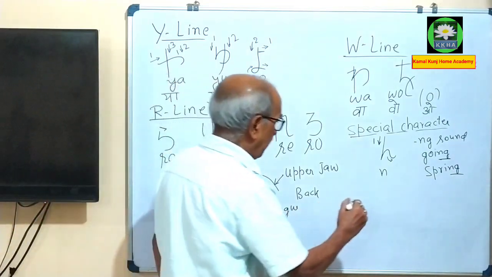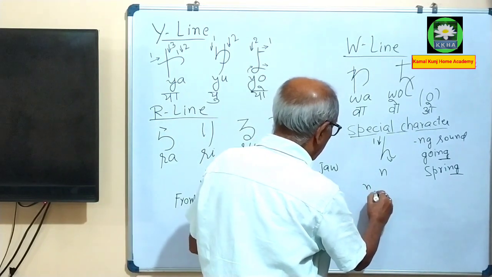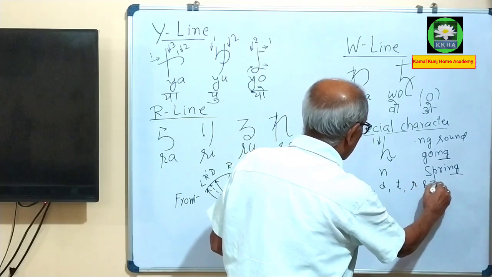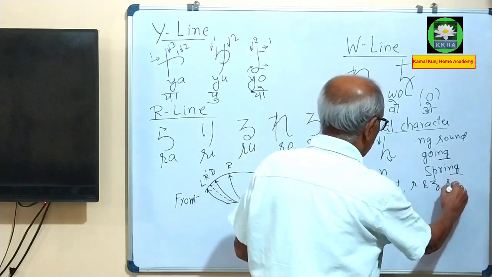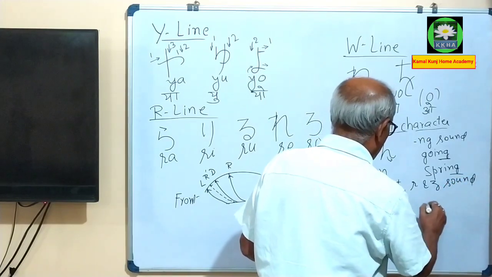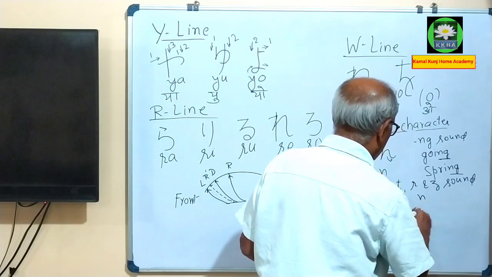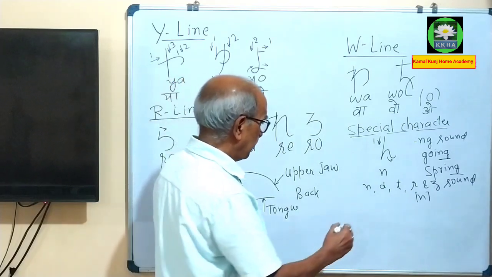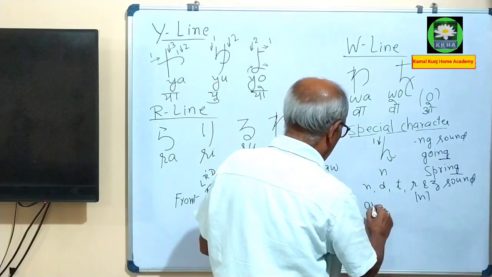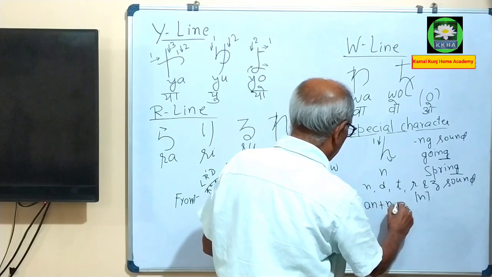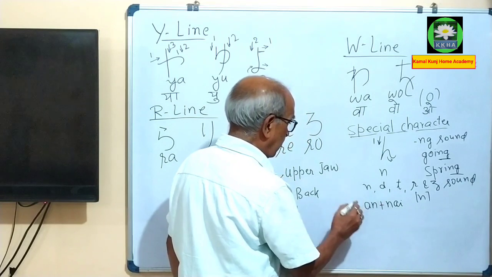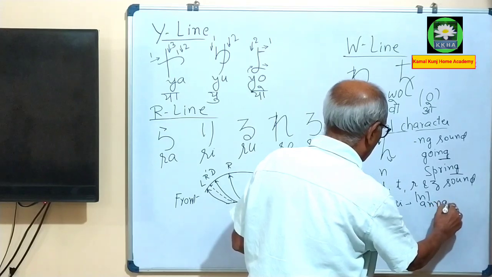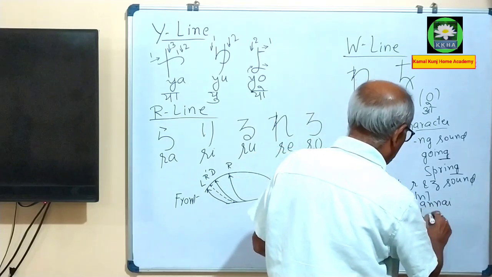If it is followed by N, D, T, R and Z sound, it is pronounced as N. For example, An plus nai, followed by N sound, it is pronounced as annai. Annai means information.